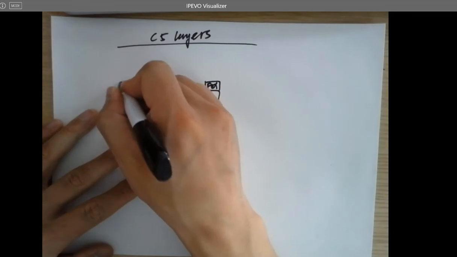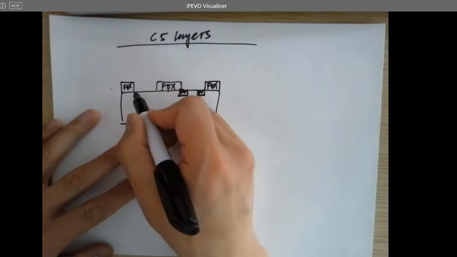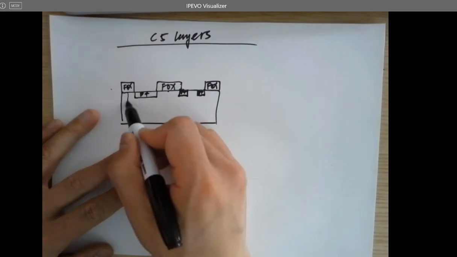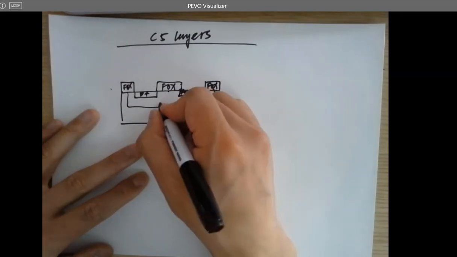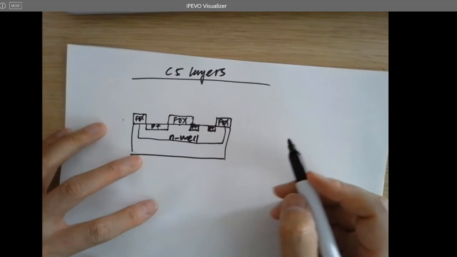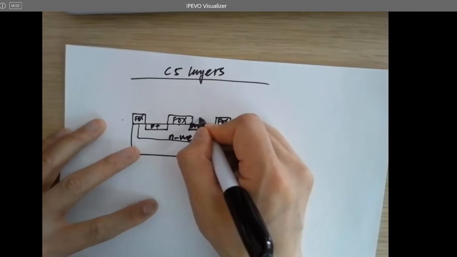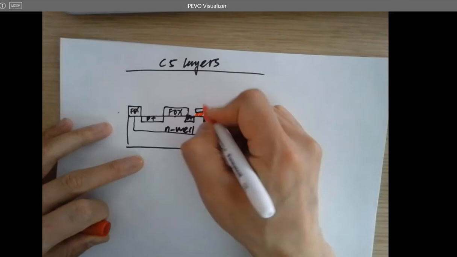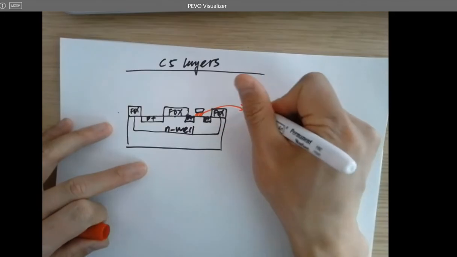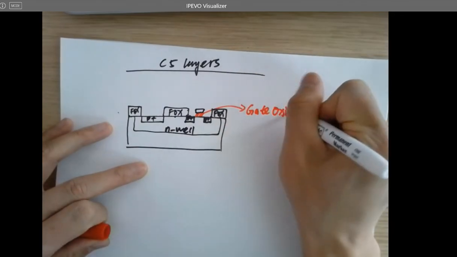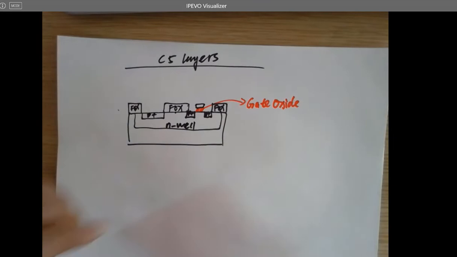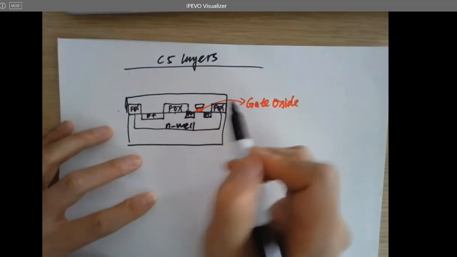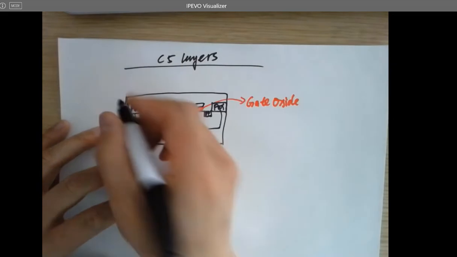Another one here, it's another P plus, and they're being doped in the N well. And here's a gate. And there's the oxide layer, which is called gate oxide. It's a different oxide material. And that's the insulation layer, or insulator.